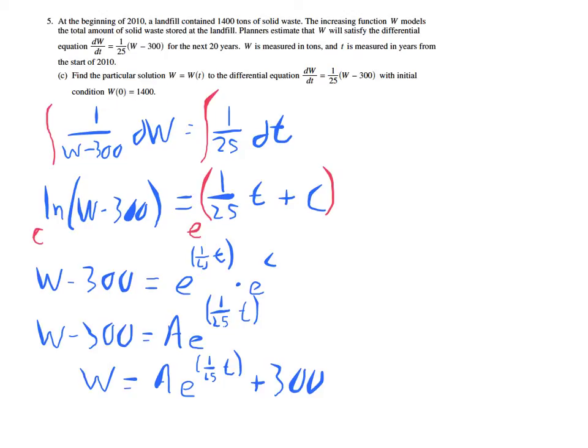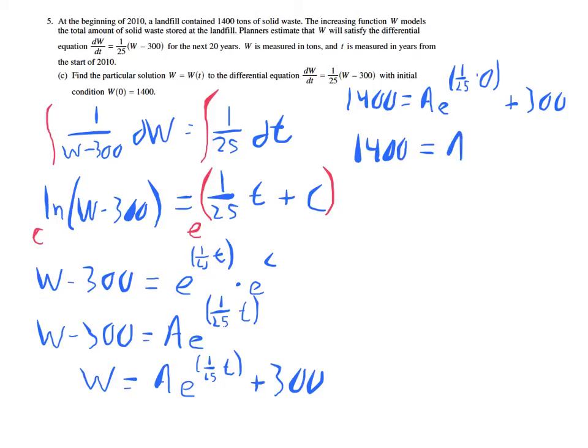So now I know that w is 1400 equals a e to the 1/25 times t, which is 0, so that's nice, and then plus 300. 1/25 times 0 is 0, e to the 0, anything to the 0 is 1, so I have 1400 is equal to a plus 300, subtract, and 1100 is equal to a.